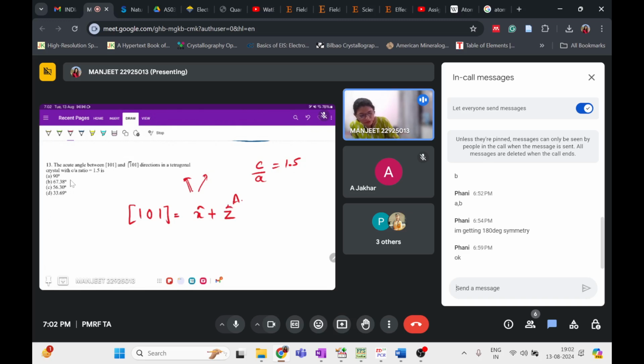Let's say a1, a2 and a3 are the crystal lattice vectors in the three directions. So 101 will become a1 cap plus a3 cap. And what about the minus 101? It will become minus 1 a1 cap, 0, plus the a3 cap.